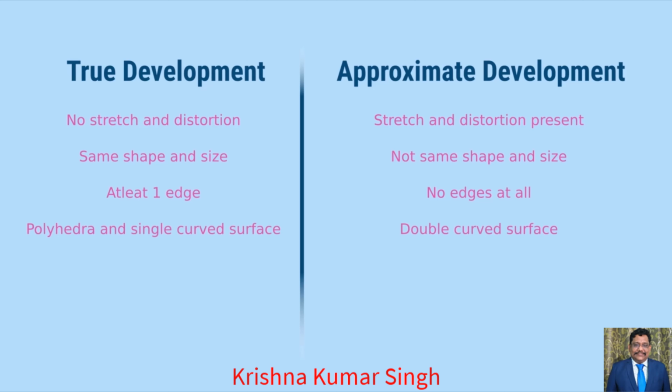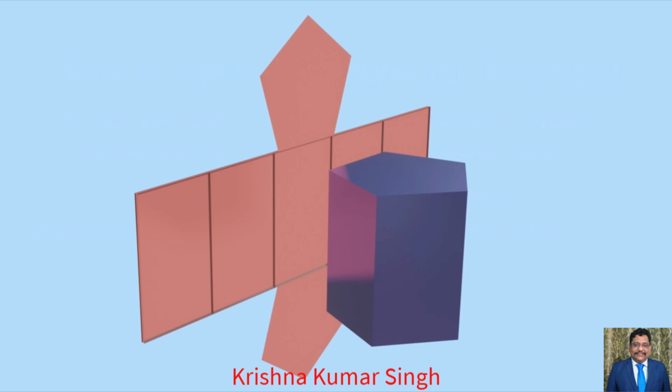True development can develop polyhedrons and single curved surfaces like cones and cylinders because polyhedrons are composed of plane surfaces and single curved surfaces are composed of generators. On the other hand, an approximate development can develop double curved surfaces like a sphere, because spheres are not composed of any lines. This image shows the true development of a pentagonal pyramid.